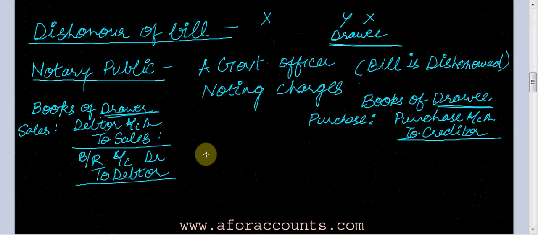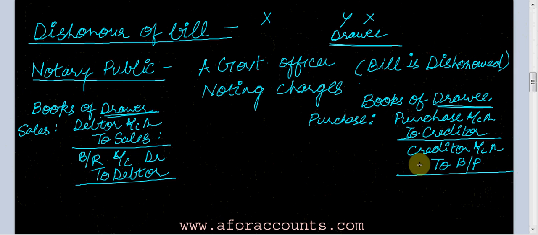And our drawee needs to pay, so the entry will be creditor account debit to bills payable. In assets and liabilities, check that bills receivable are always an asset, so we are debiting them, and bills payable are always a liability, so we are crediting them.